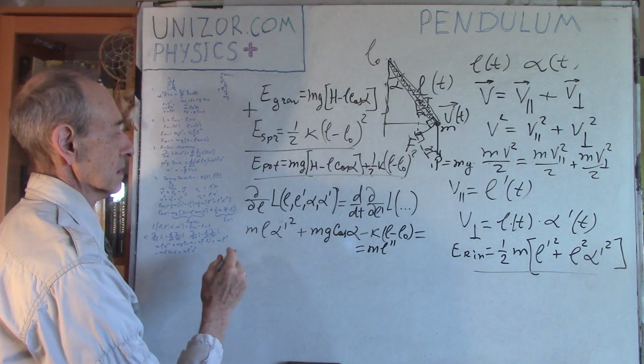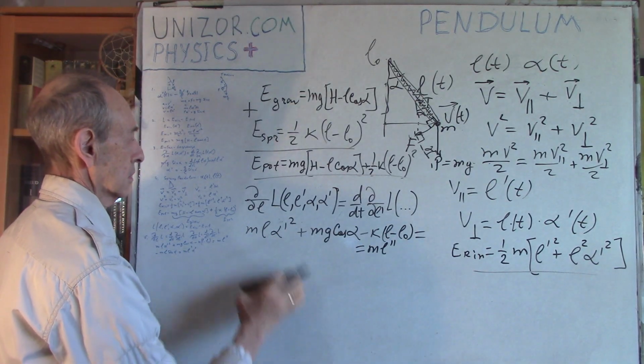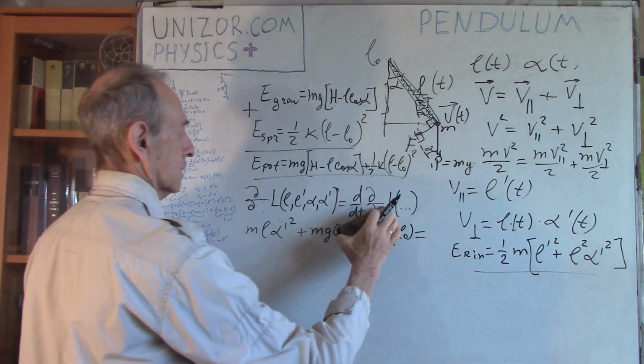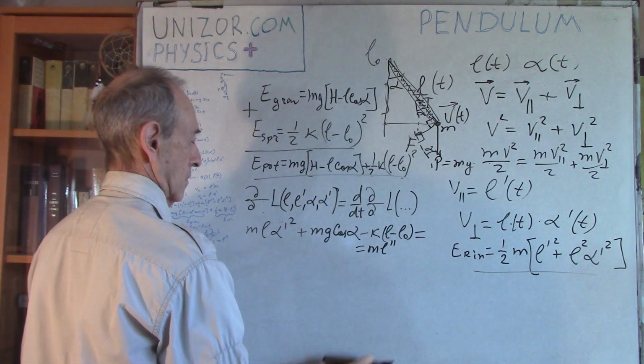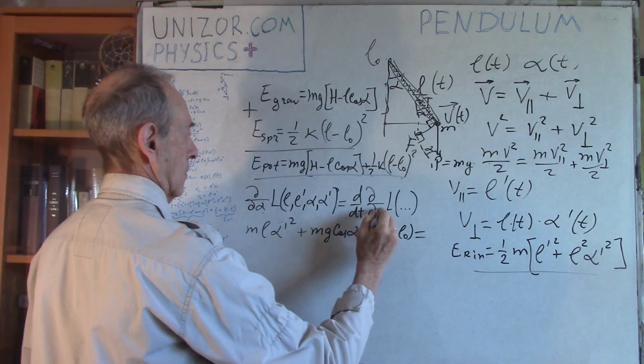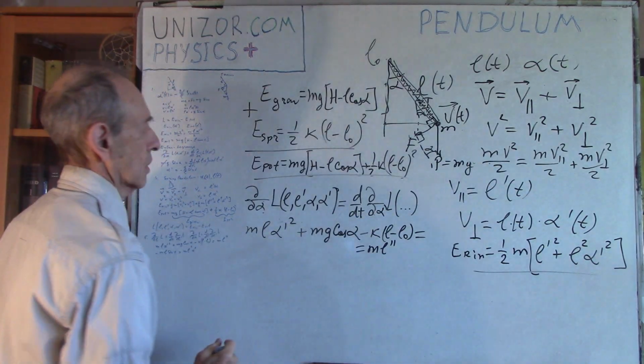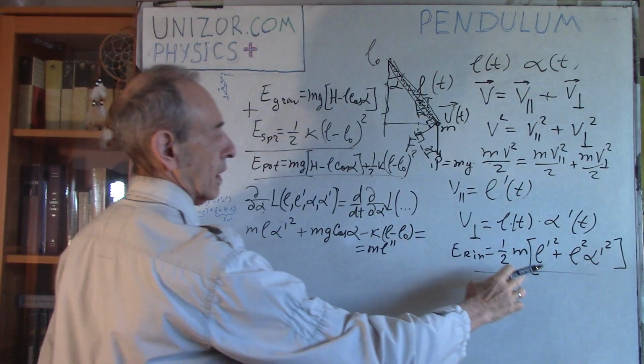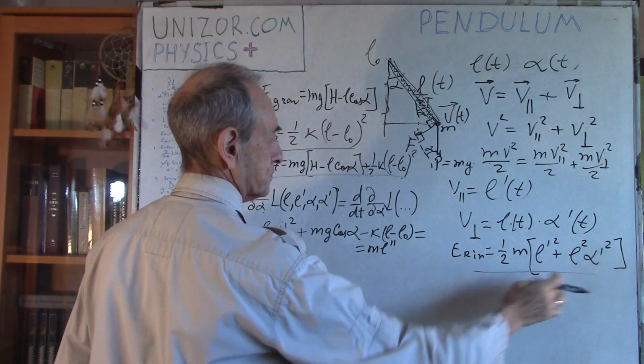Now we will do exactly the same by alpha and alpha prime. So kinetic by alpha, it's this one.